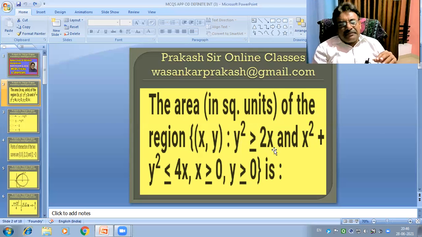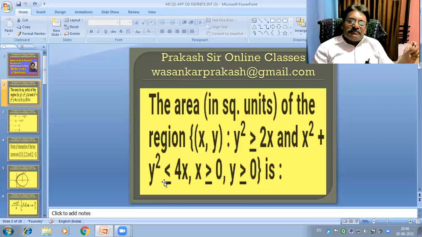So we get x square plus 2x minus 4x equals to 0. Therefore, x square plus 2x minus 4x, that is x square minus 2x, is equals to 0.